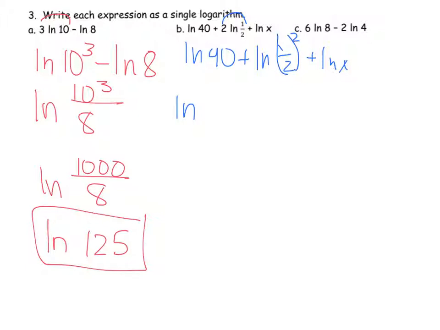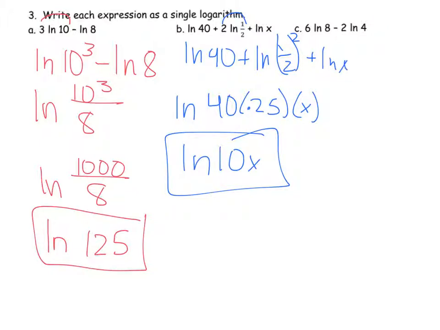So I can have natural log of 40 times 1/2 to the power of 2 is 0.25. So multiplying 0.25 times x. And then we can simplify a bit further by multiplying 40 and 0.25 so that we have the natural log of 10x.